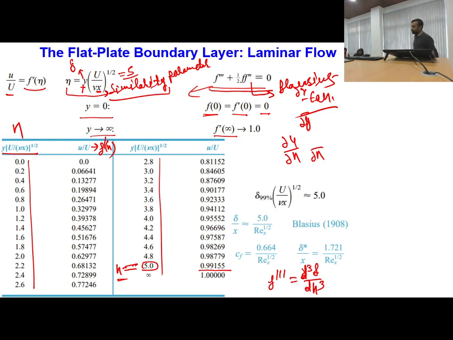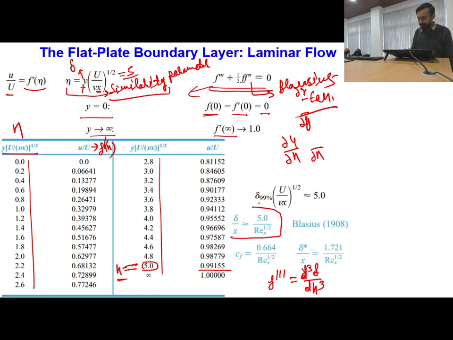Basically, with eta we have seen the variation of u by U, and this variation becomes 0.99 when the value of eta is 5. Once this is 0.99, it means we have the occurrence of the boundary layer thickness, so y I can replace with delta. So that's why delta at 99% will be equal to 5.